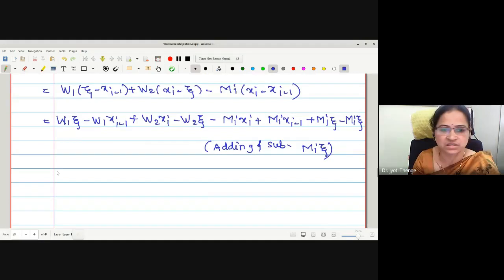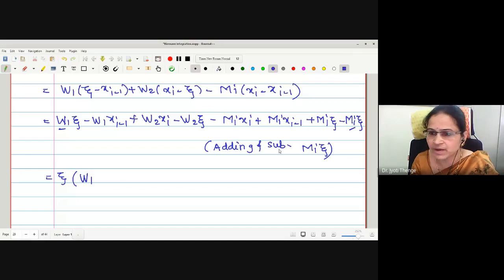Now let me consider the coefficients of zeta, xi and xi minus 1. What are the coefficients of zeta? This I will take w1. Next I will take minus mi. Coefficients of xi minus 1: here is the term and here is the term. Therefore, first I take mi minus w1.